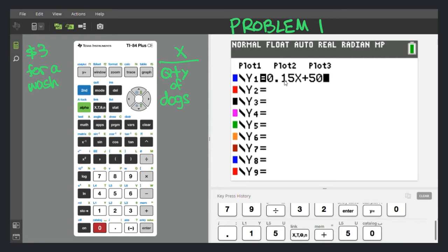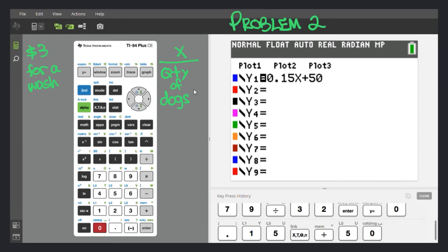So what would that be? Maybe we would say $2 at the beginning, but then realize, oh, if we want to make a good profit, we need to charge something like $3. Or maybe more once we get the hang of things. So at this point, I think it's reasonable because it also takes time and water to actually wash the dog. Okay, but we might see that we want to charge more.